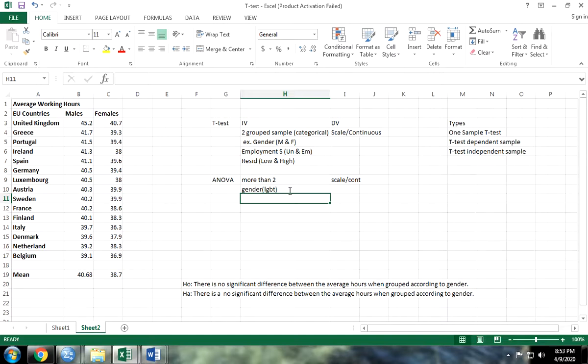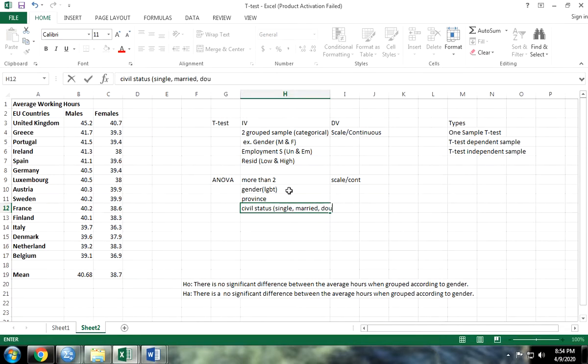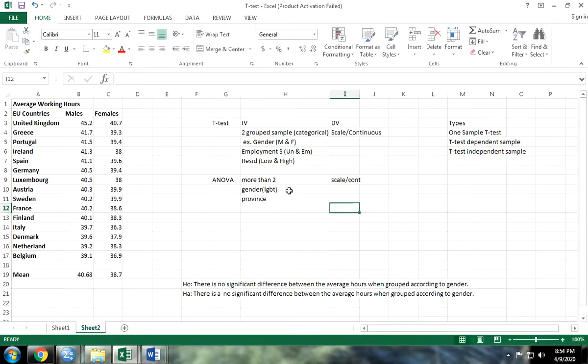Residency in terms of province, pwede din yan. Or your civil status: single, married, divorced, separated, widow. ANOVA yung gagamitin natin dyan. And your dependent variable is scale or continuous.